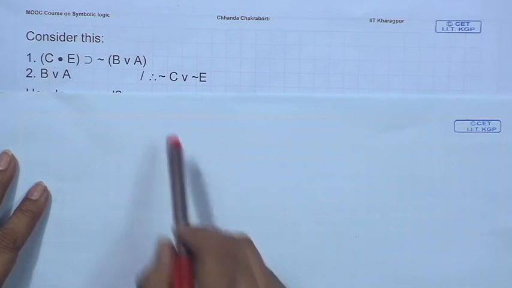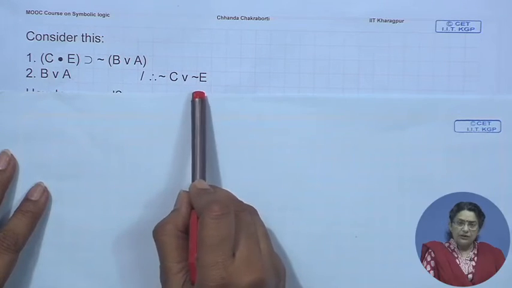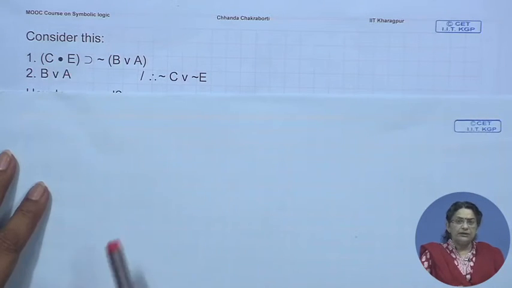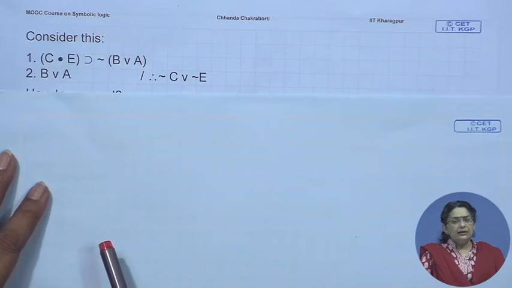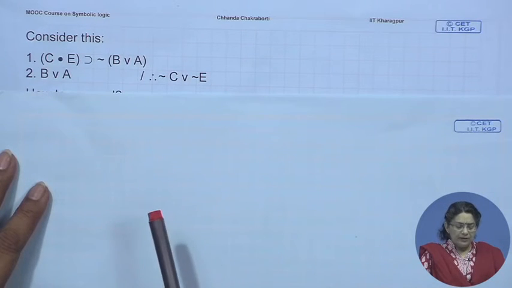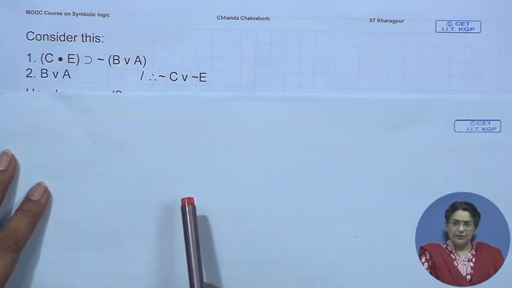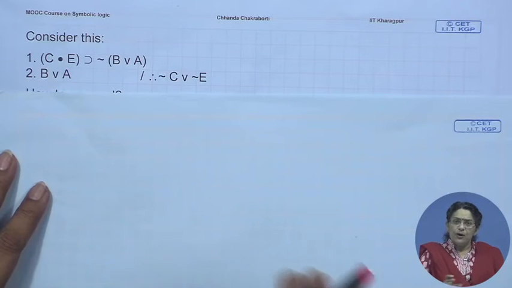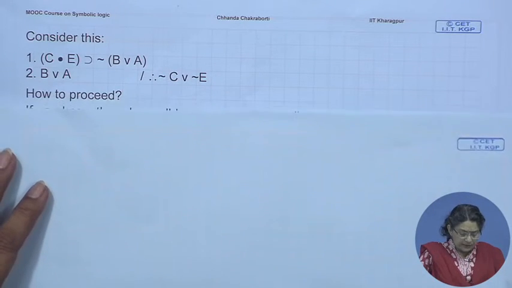Second is that this not C wedge not E, and then you look into this first premise and you have C dot E, you should immediately connect these two, that there is a connection, the relationship here, namely that if I negate this, I will probably get that. So, somewhere we need to work this out.